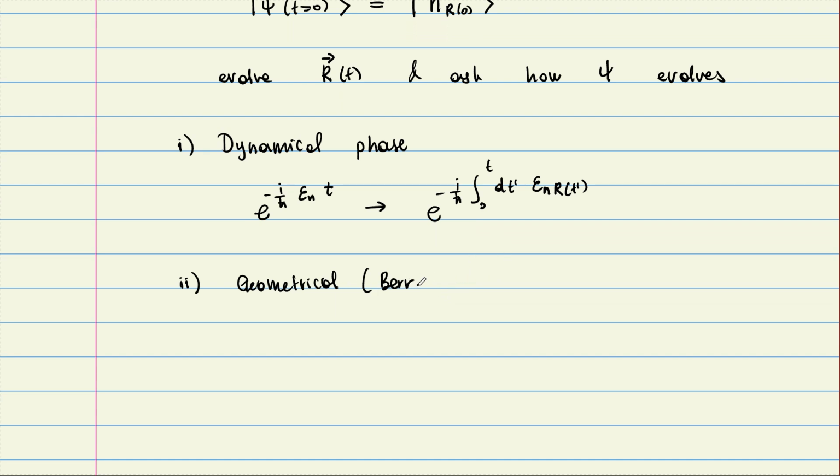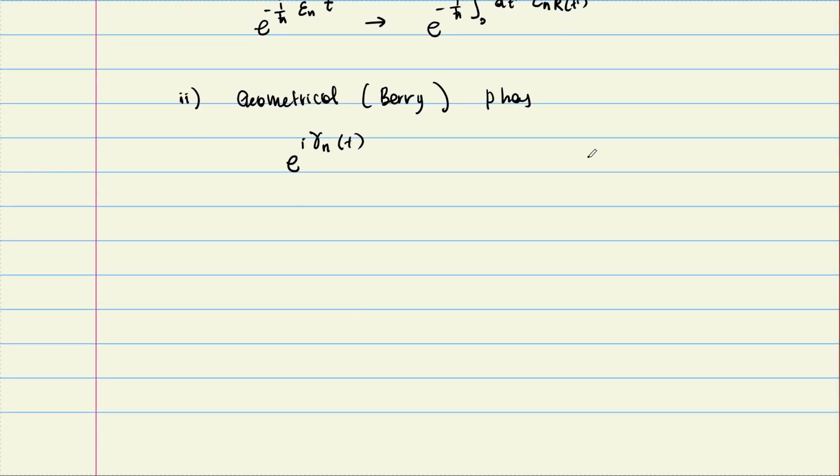So I'll call this geometrical, Berry phase, and I'll write it as e^{iγ}, and it can depend on the eigenstate, and it can depend on time, but that's it. And this thing was dropped for 80 years until Berry came up. People thought this was a trivial overall phase, and they didn't consider the dynamics of this phase.